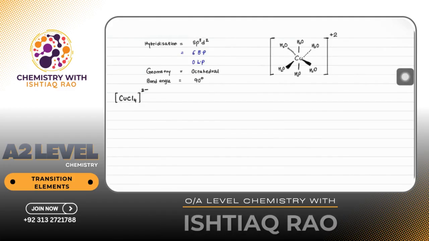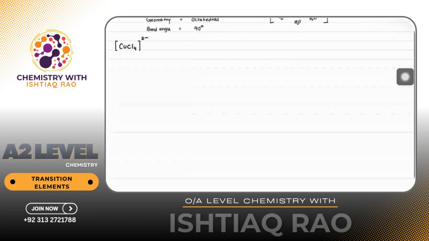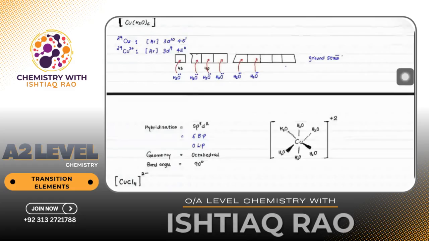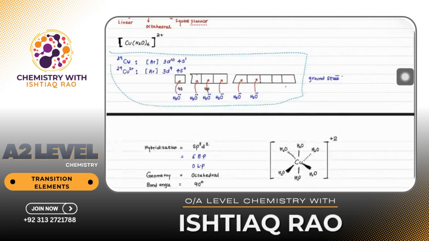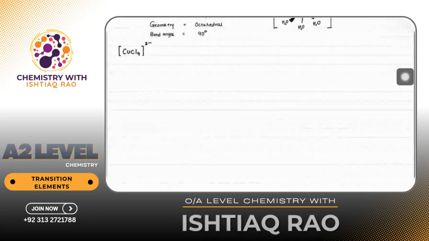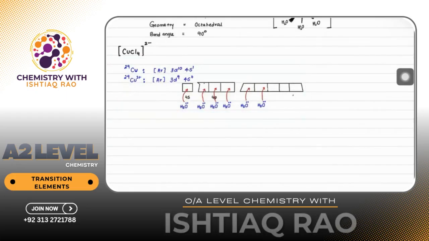If I write the configuration of copper, it's going to be the same. I'm going to copy paste this because it is almost the same. After pasting this one, we know that copper is plus 2.